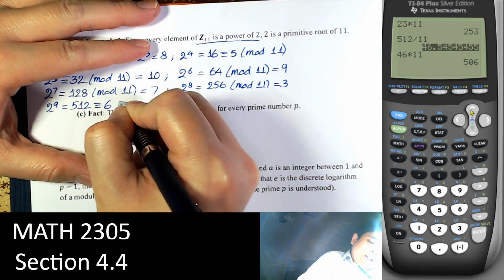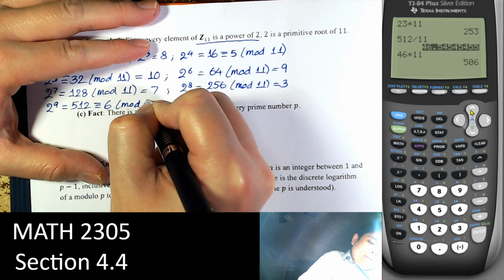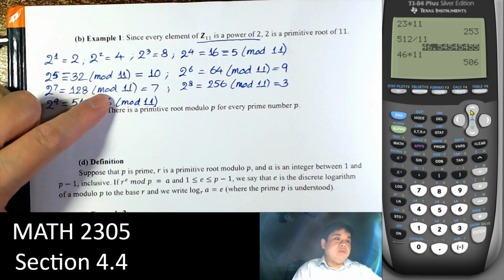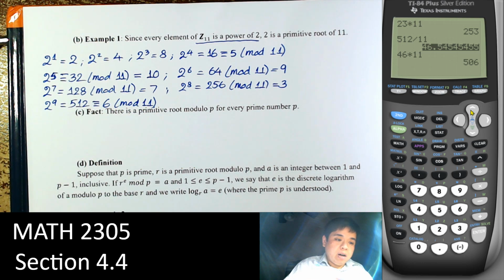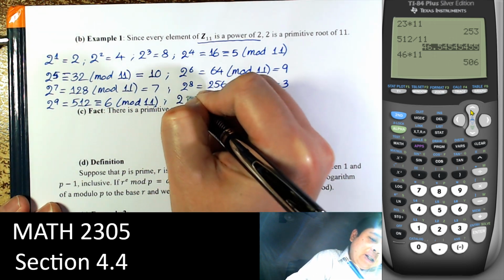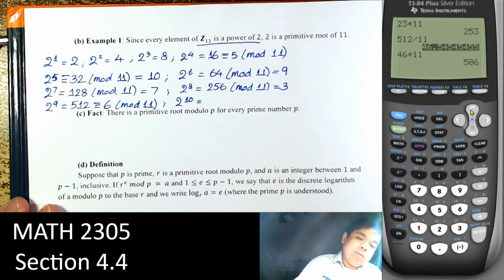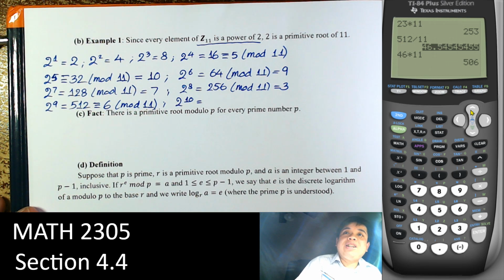So 6 mod 11, because that number is less than 11. Right, 2 to the 10, we don't have to do that, it's going to be 1, right?